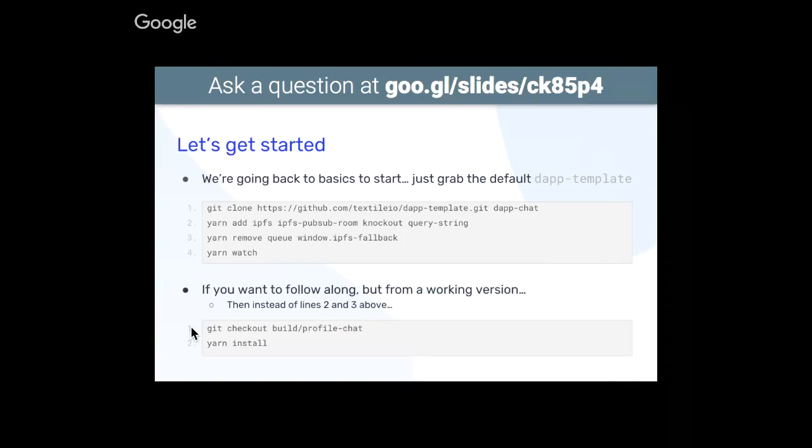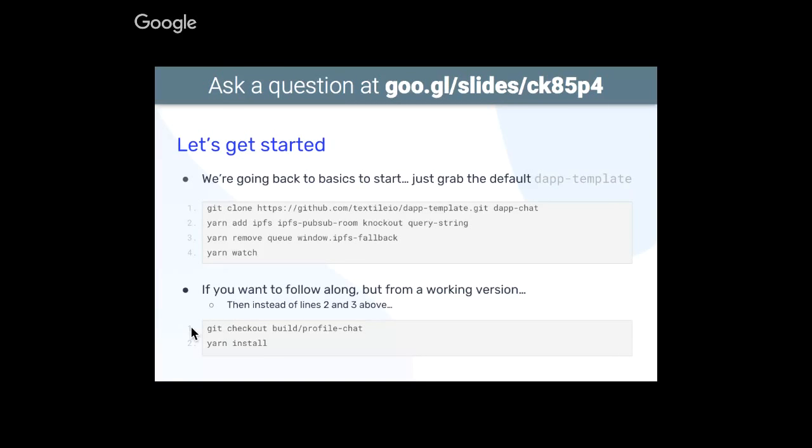Note that we're not using knockout mapping or jQuery or anything like that. We can also get rid of some of the libraries that we don't use, so yarn remove q and window.ipfs-fallback. And then if you've done that, you can just yarn watch the whole thing and start to edit it.